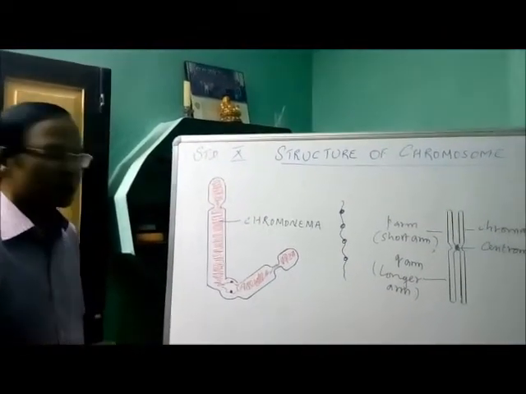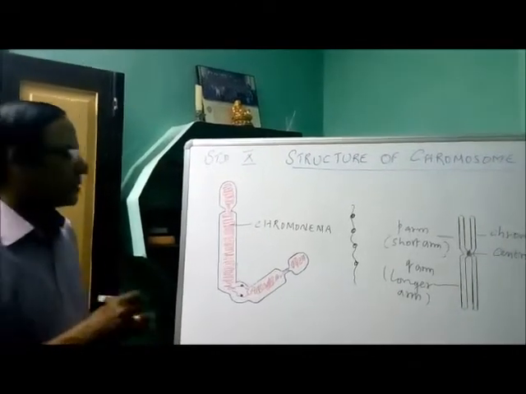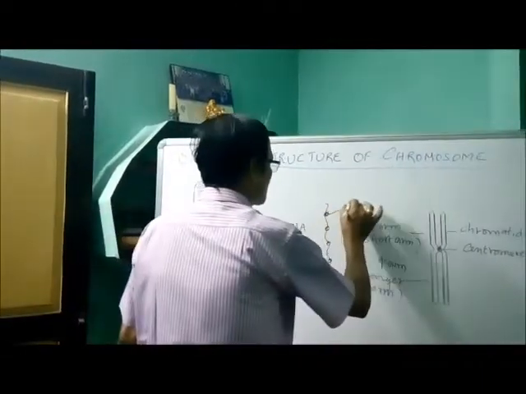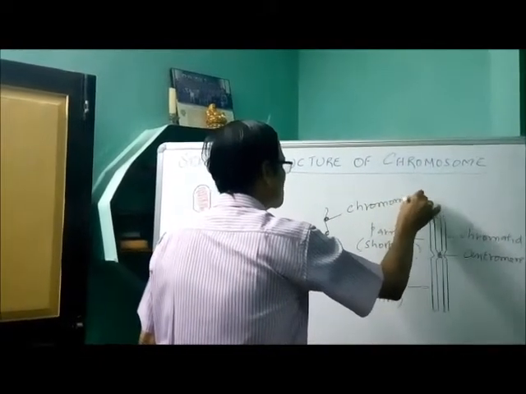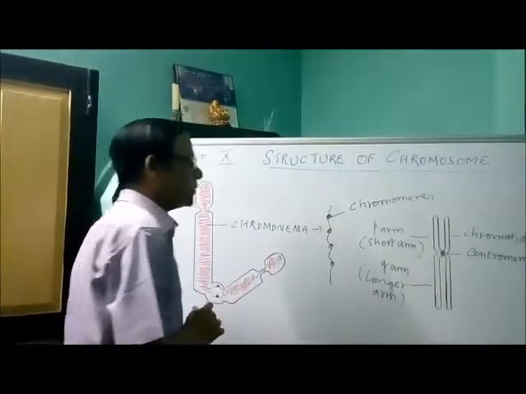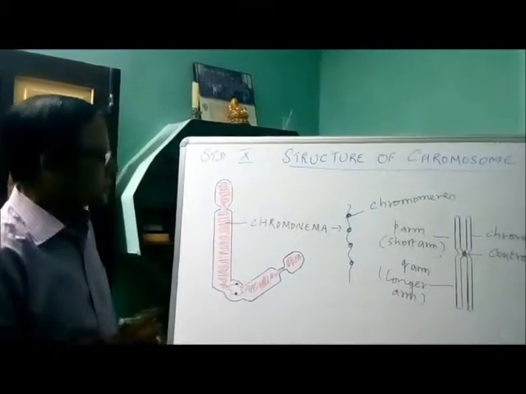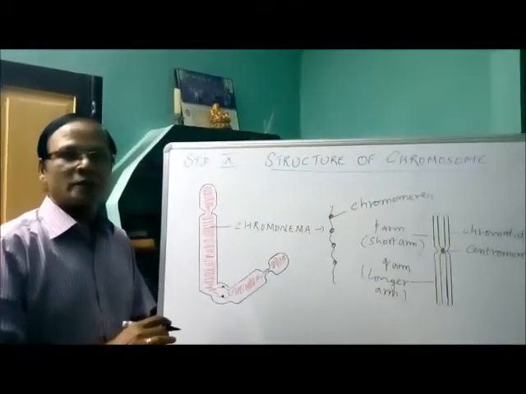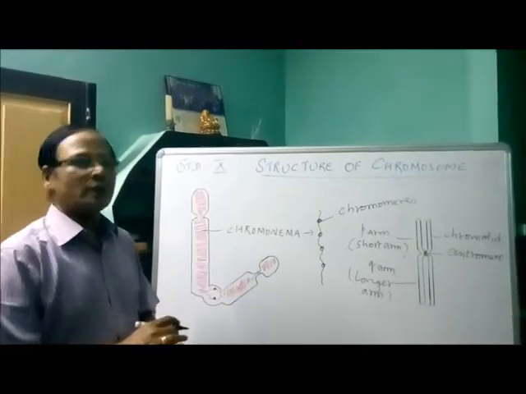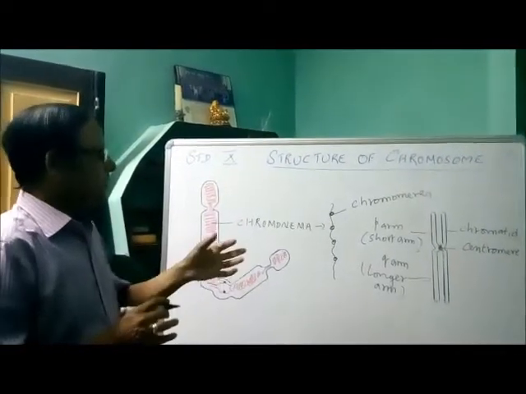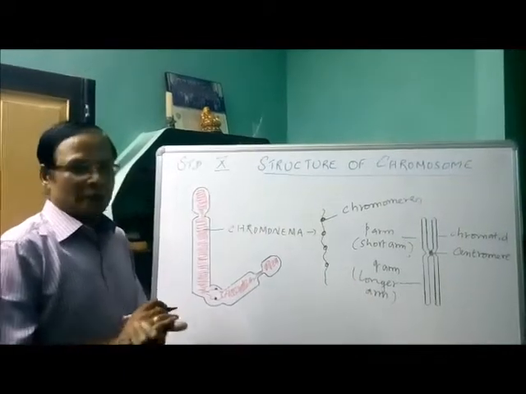These bead-like structures present all along the length of the chromonema are called chromomeres. This is nothing but the accumulation of chromatin regions.